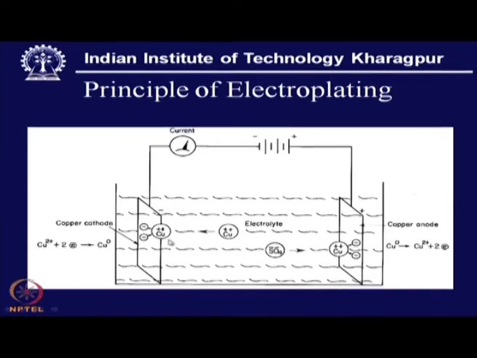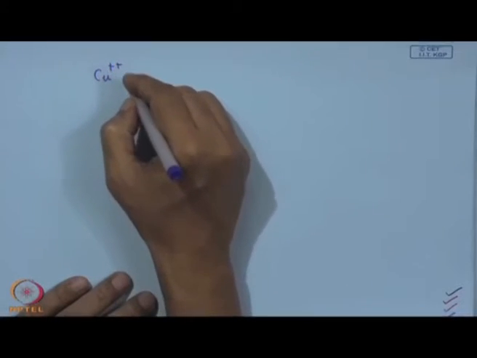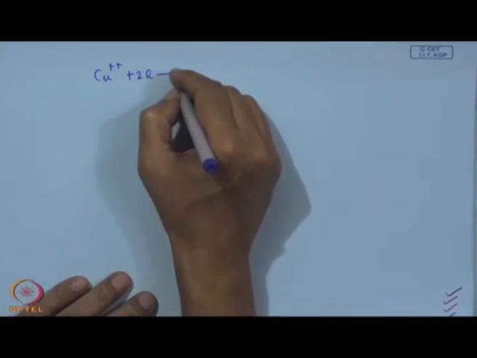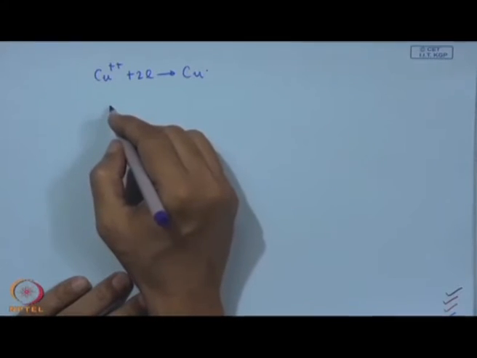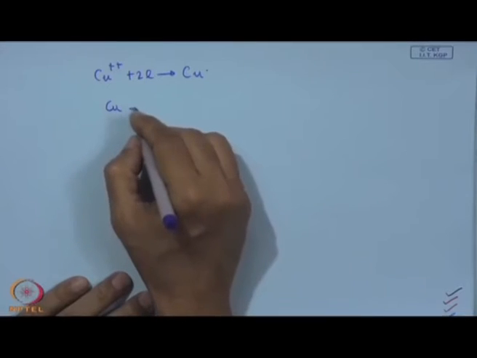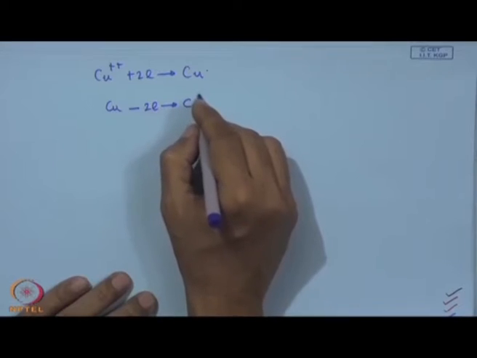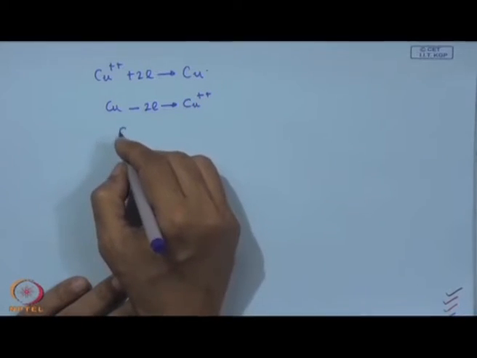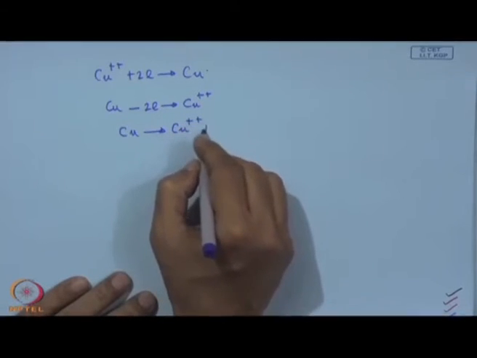So, on the cathode side we have Cu2+ plus 2e giving neutral copper, but on the anode side we have copper minus 2e giving Cu2+. So, this is also ion plus electron.